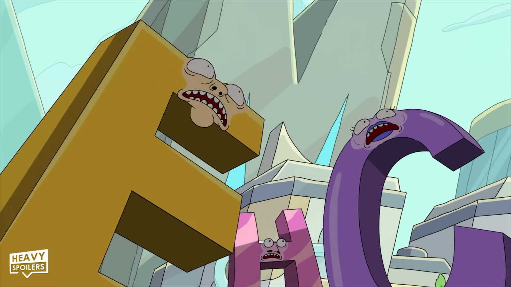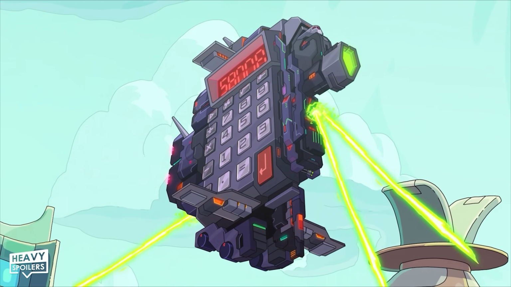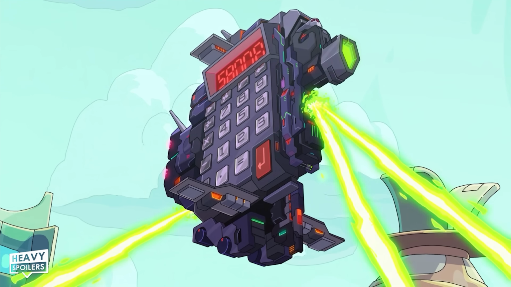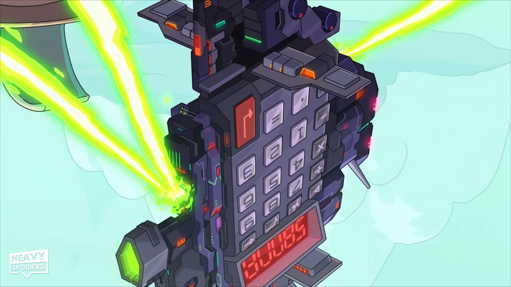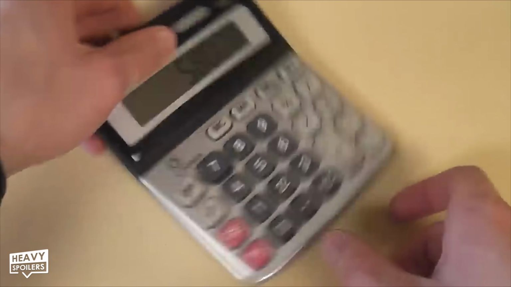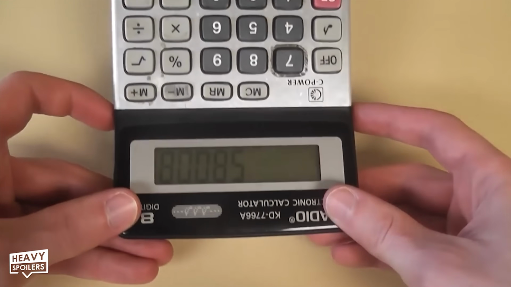But anyways, as the Numericons descend onto Alphabetrium, this calculator-themed spaceship here has the number 58008 at the top, which of course spells the word boobs if you turn the calculator upside down. One of the few sources of joy us junior boob lovers of the world had while learning math in elementary school.